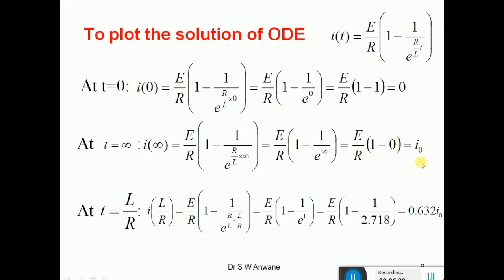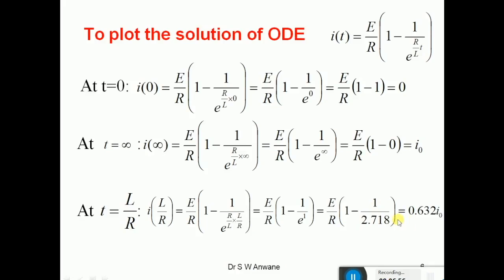Now the third and the most important case we are going to discuss, t equal to L upon R. So in this equation, t is to be replaced by L by R, and by doing so we have e to the power 1, and the value of the exponential is 2.718, and you can work out the reciprocal of 2.718 and subtract it from 1.